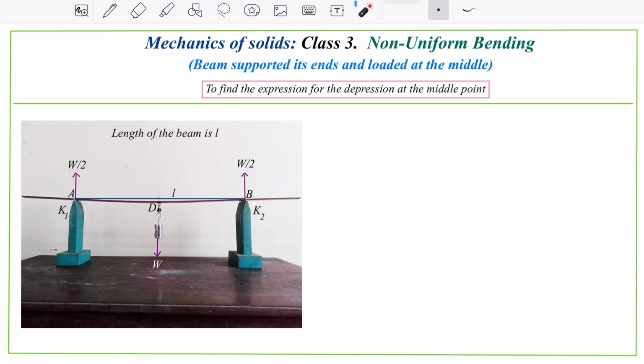Now A and B of the rod are separated by a length L. So we will say the length of the beam is L. The distance between A and B is L. Now the beam is loaded at the middle point of the beam. It is represented by capital D with a load W equal to mg. So the beam undergoes bending as shown in the figure.